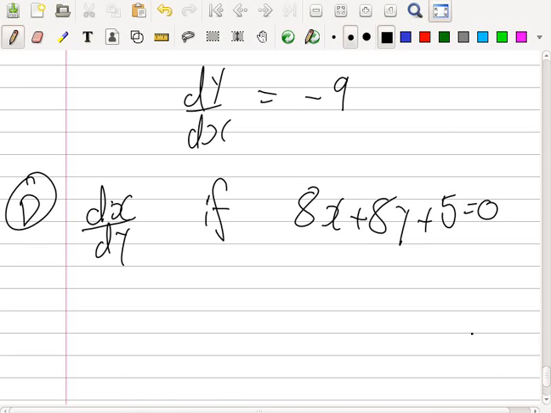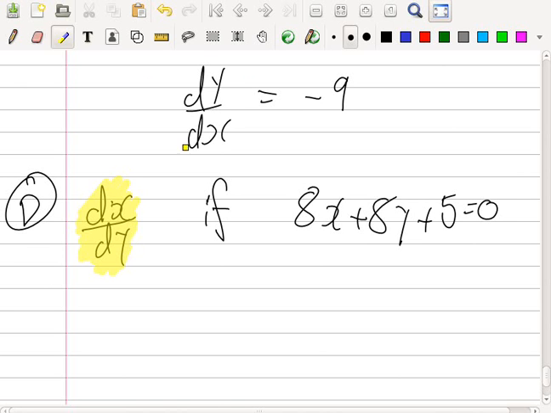Now, this is where we have to be careful. Please, everybody look up and listen for a moment. This is different. Look here. This is dx/dy, which means you treat x as if it's the function and y as if it's the variable.